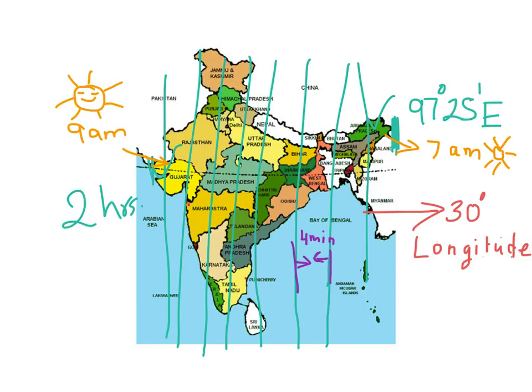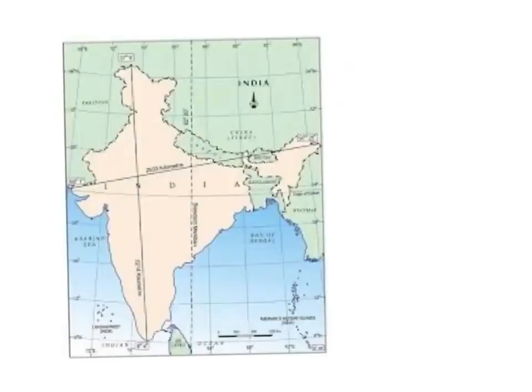If we fix our watch according to this, there will be a lot of confusion about train timings, flight timings, and TV program timings. So, to avoid all this confusion, a standard meridian is fixed for India. That is at 82 degrees and a half east, which passes through Mirzapur in Uttar Pradesh.